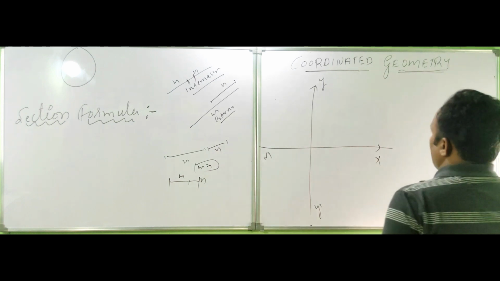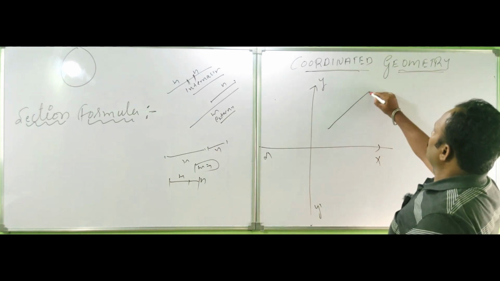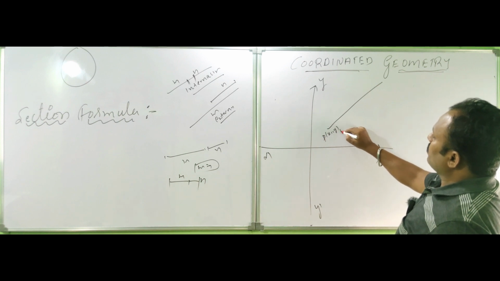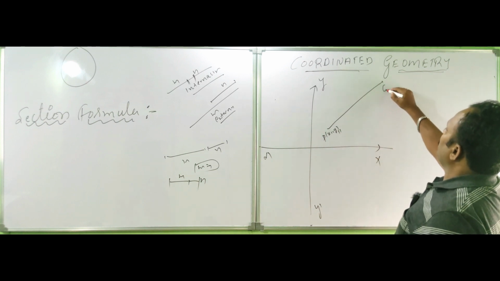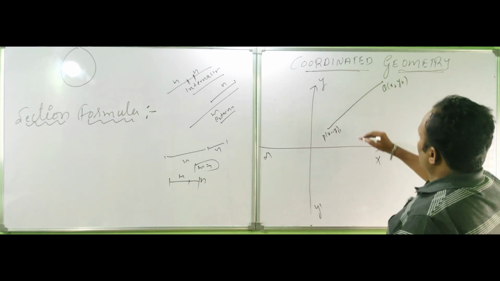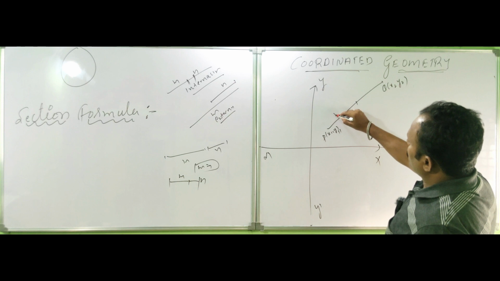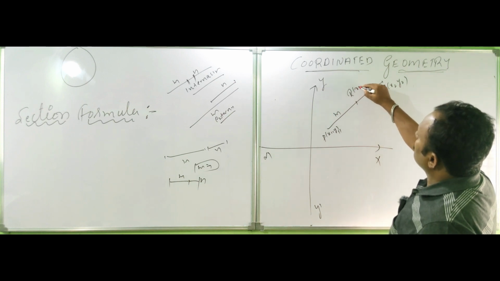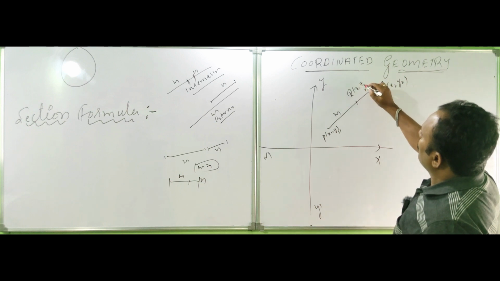Taking two points, this is the point P (x1, y1) and this is the point Q (x2, y2). This makes the ratio m is to n at R, where R is considering x and y.